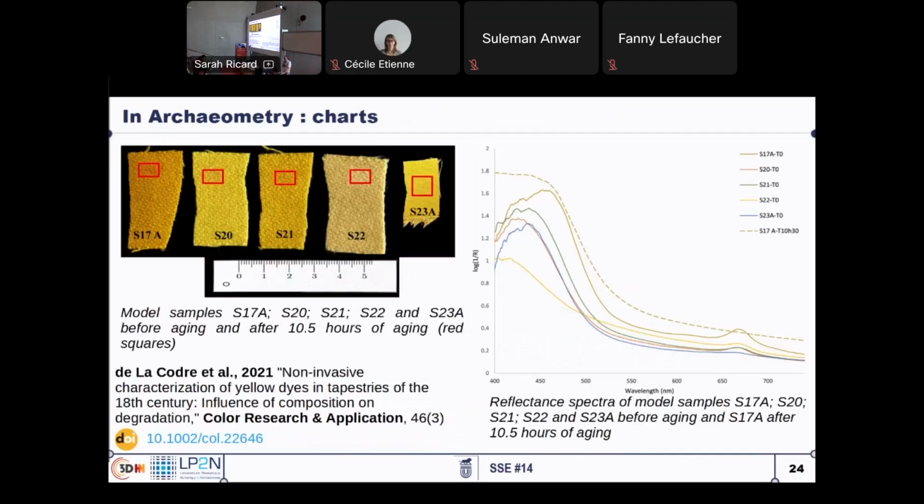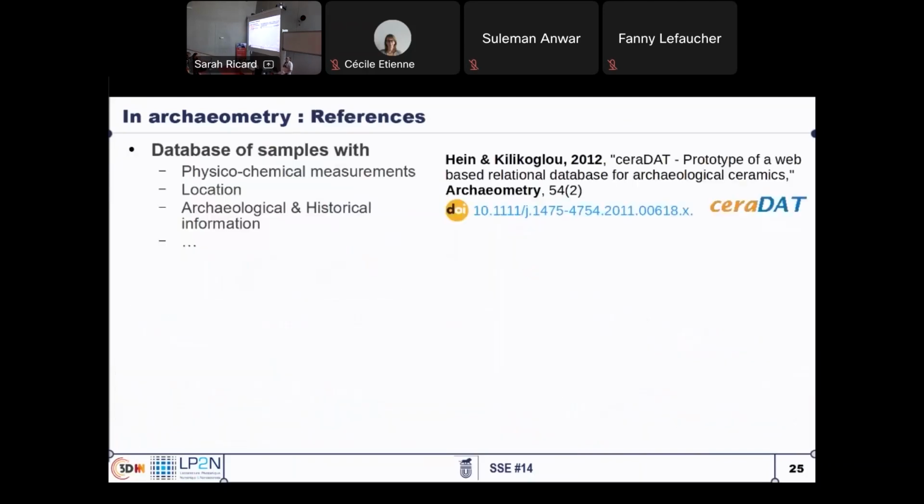For this purpose, they made a lot of samples with different pigments and different exposition times to UV in order to see the change of the color. And after that, they tried to restitute the color of the tapestry. We can also find the names reference, mockup, charts, everything is about this.